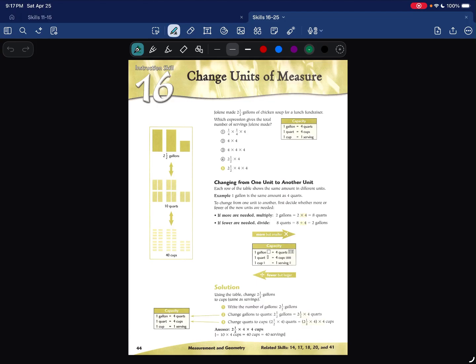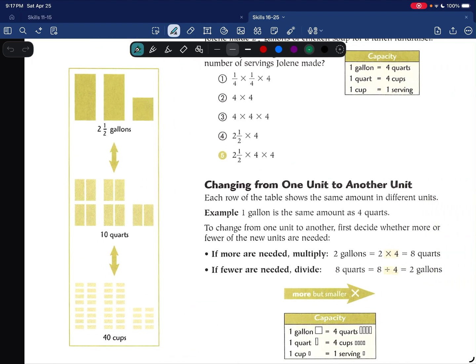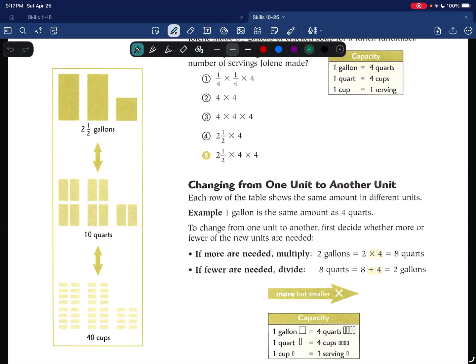Okay. First thing I want to do is look at this margin example so that you get a mental image of what we're trying to do here. 2.5 gallons could be represented as 10 quarts. Each gallon has 4 quarts, so you would have 4 quarts, 8 quarts, and then half a gallon would be 2 more.